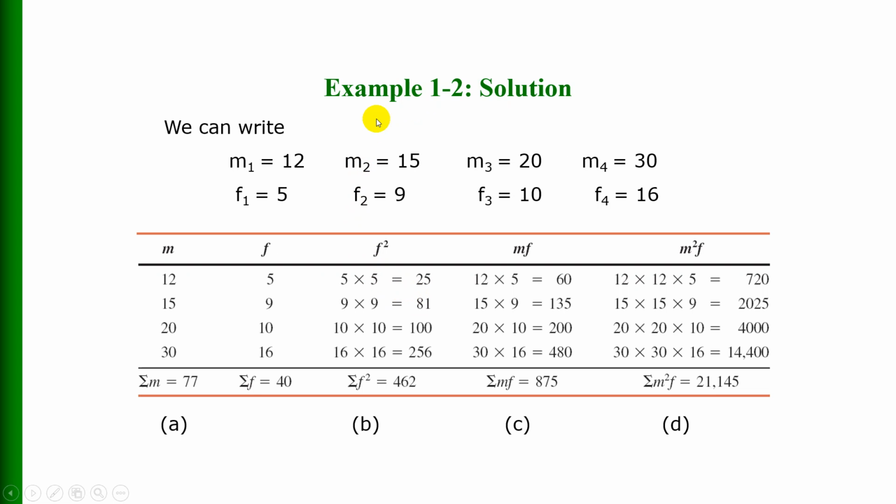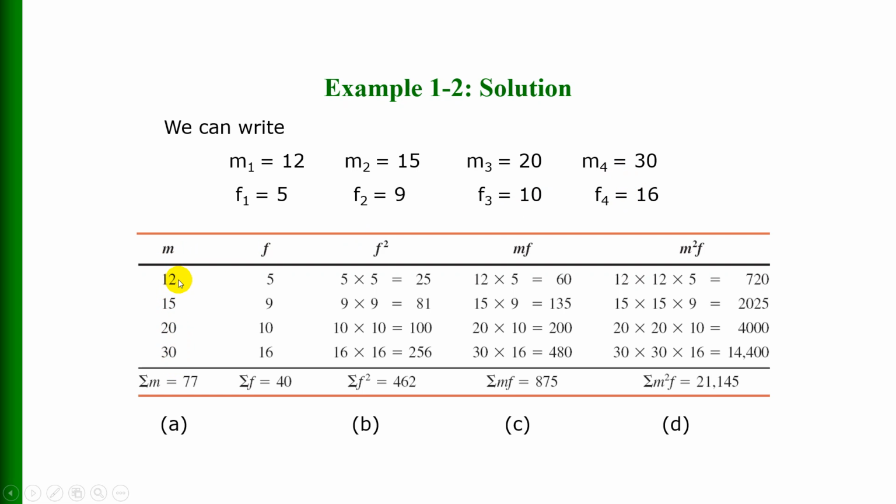So we can write m1 is equal to 12, m2 is equal to 15, m3 is equal to 20, m4 is equal to 30, f1 is equal to 5, f2 is equal to 9, f3 is equal to 10, and f4 is equal to 16.